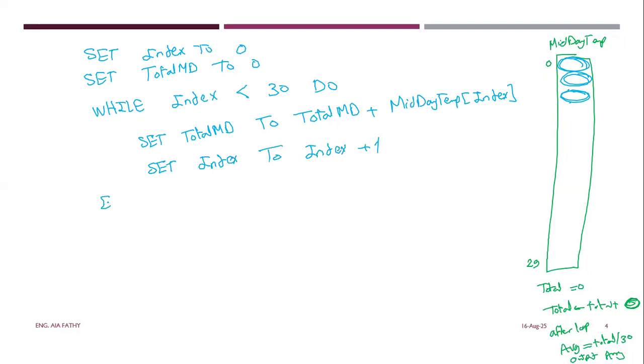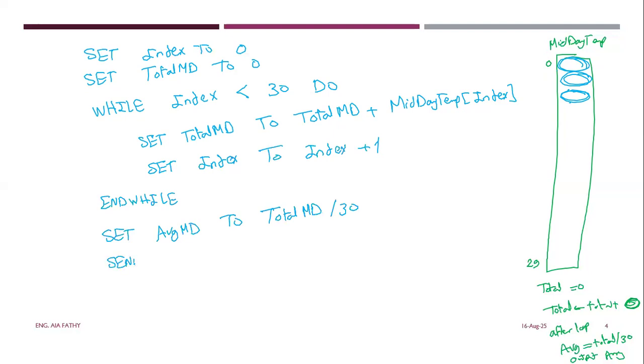Okay, now end while, and after the loop, now you can calculate the average. So let's set the average midday to total midday divided by 30.